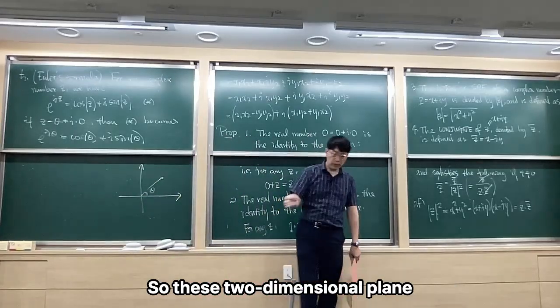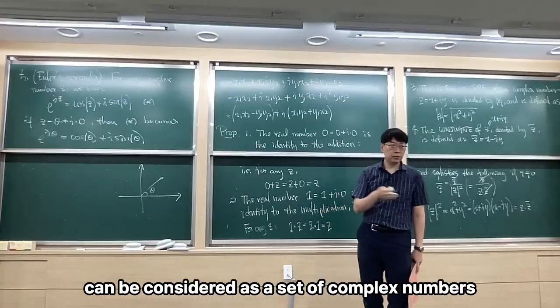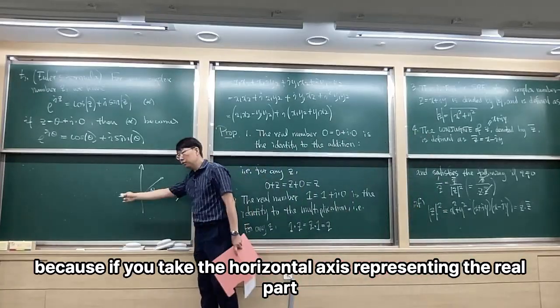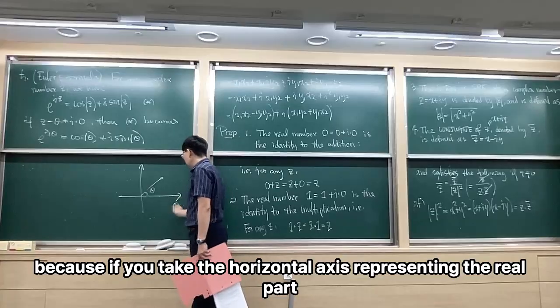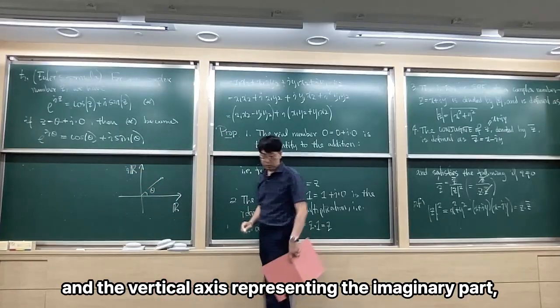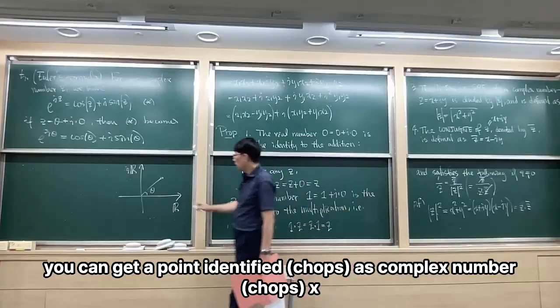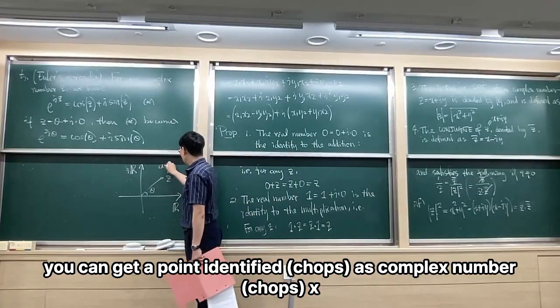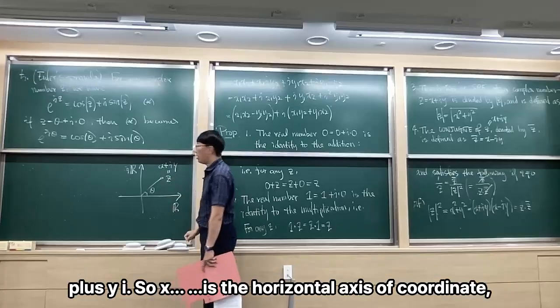So this two-dimensional plane can be considered as a set of complex numbers. Because if you take the horizontal axis representing the real part and the vertical axis representing the imaginary part, you can get a point identified as a complex number, x plus yi.